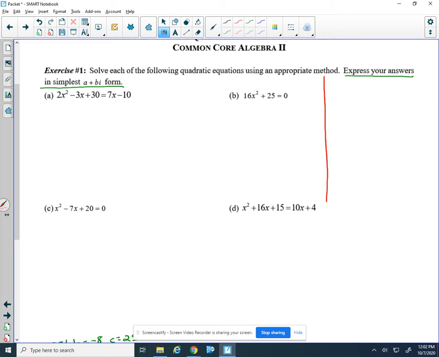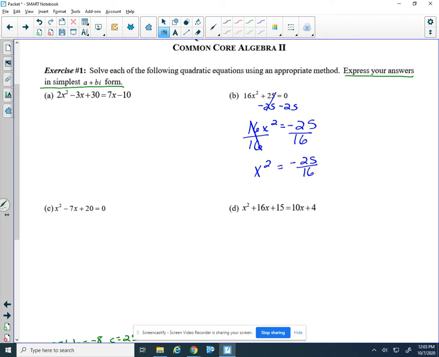I actually think your teacher, whether it's me or Miss Morrow, is going to go over both methods in class, because it's going to be a little cumbersome on the video. Since it's incomplete, I'm going to move over the 25 and divide by 16. Because we don't have an x term, we can isolate the x squared.